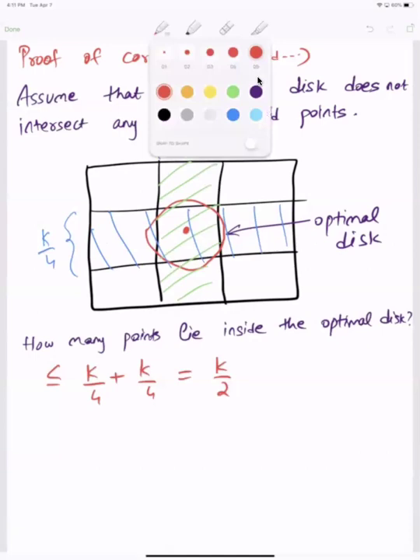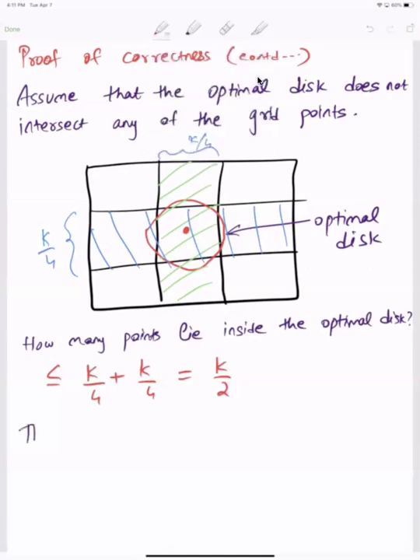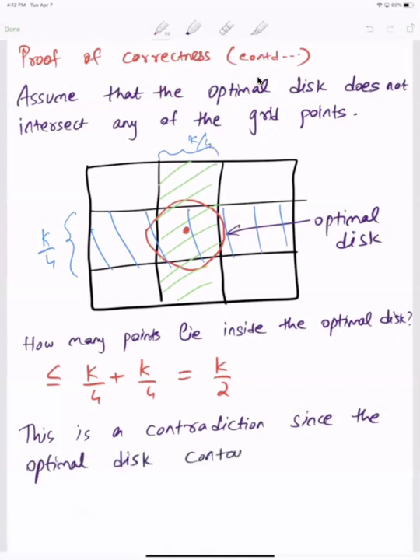Let me just write that down. This is a contradiction since the optimal disk contains k points.